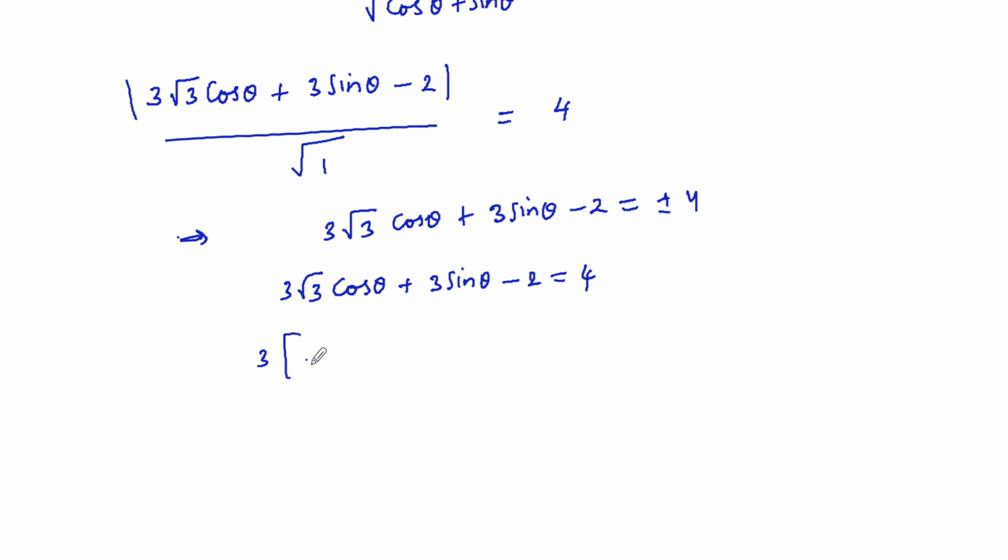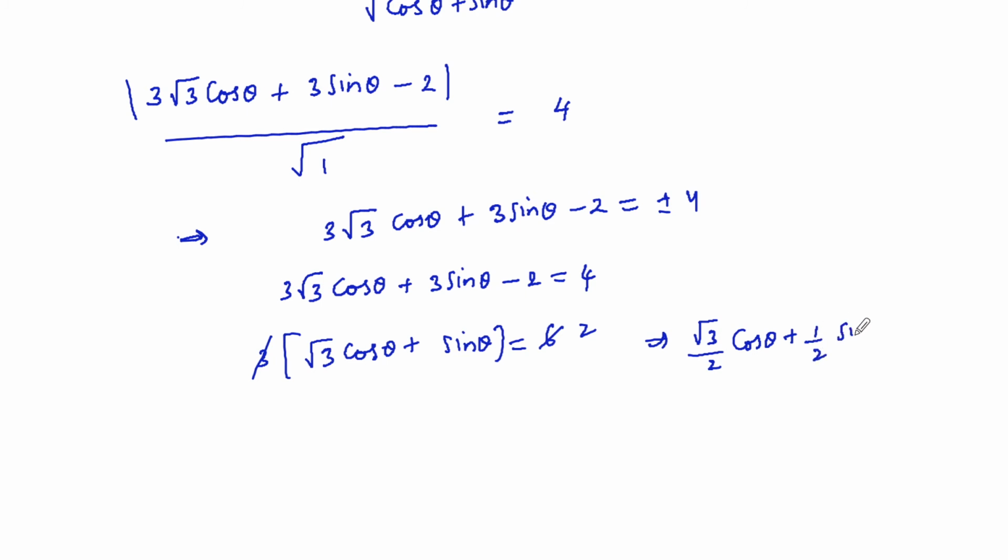So we can write 3 times of root 3 cos theta plus sin theta is equal to 6, or we can cancel here 2 times. So dividing with 2, we'll be getting root 3 by 2 cos theta plus 1 by 2 sin theta is equal to 1.